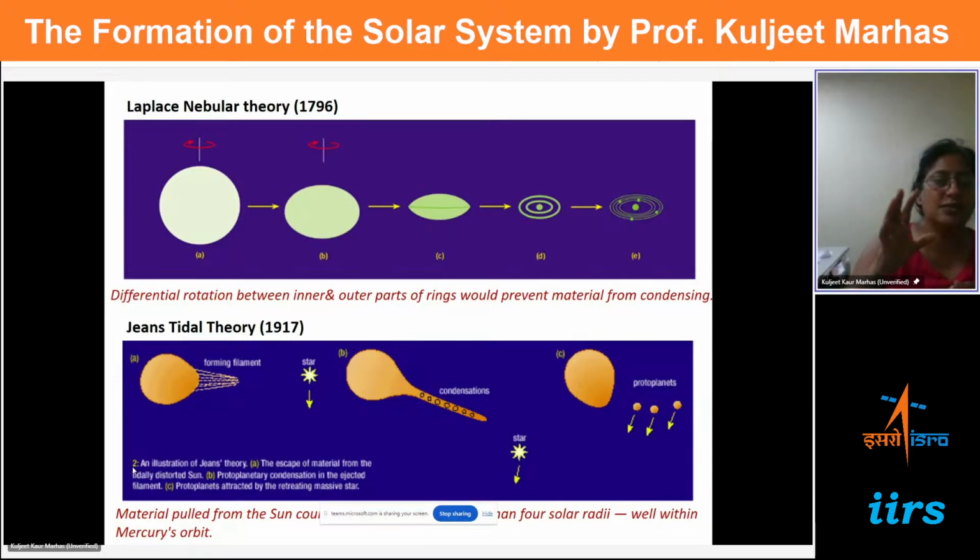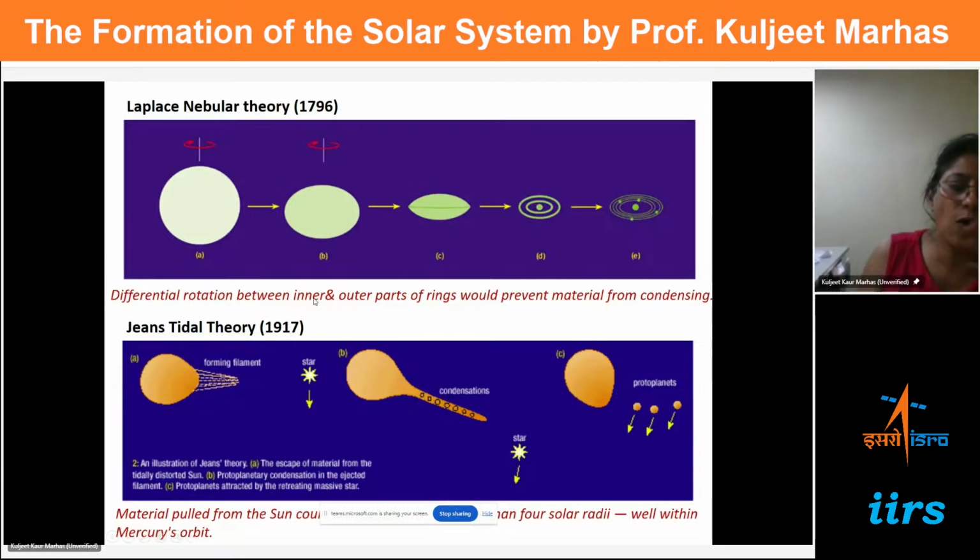So the first one is the Laplace nebular theory. This was given earlier, in 1750, and it has continued. This is the one theory, the nebular theory, which has been taken to date. It says that there is a cloud kind of system, and this becomes oblate because of the rotation and flattens, and then there is a star and the planets form together.